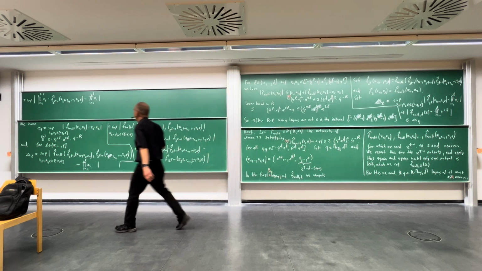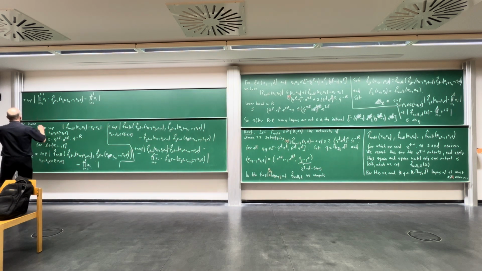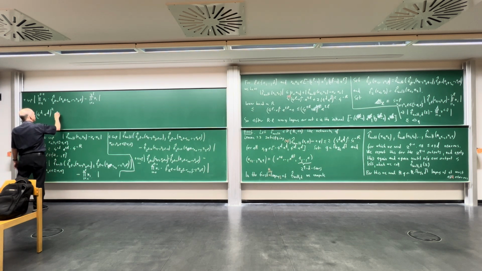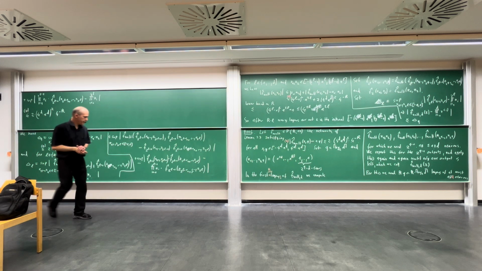So we get by star, that's less equal star. We can bound this by 2 times 4 to the power d and 3d squared times 4 to the power minus 1. That was the first term.